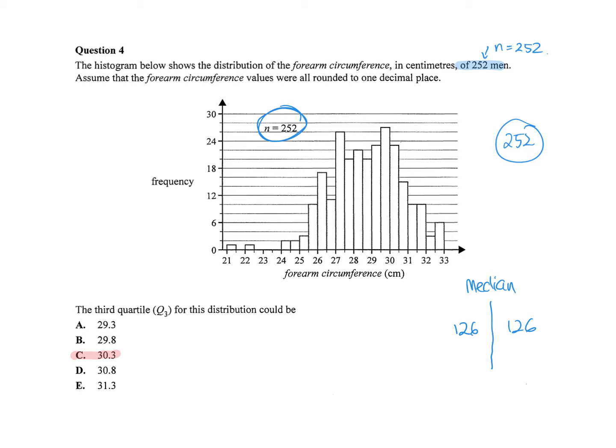Q3 is like the median of the top half. If I split 126 in half, I'd have 63 below and 63 above. Because I want to find Q3, I can go from the end and find the 63rd frequency, the spot. So what you're going to do is add up these frequencies.